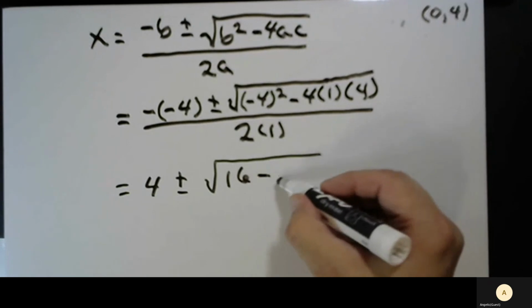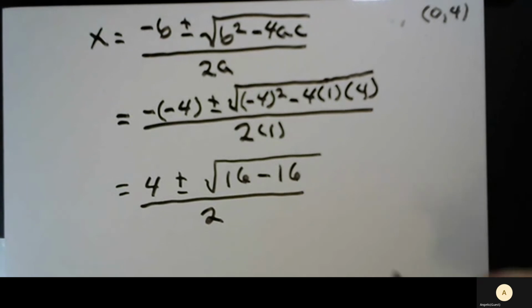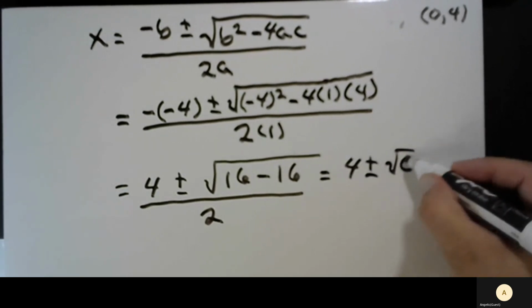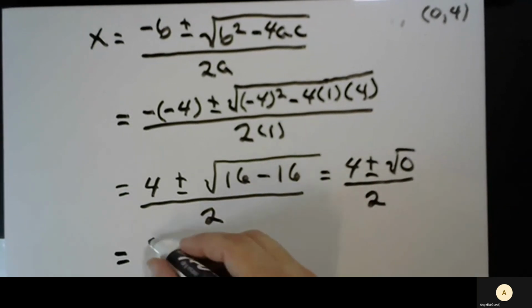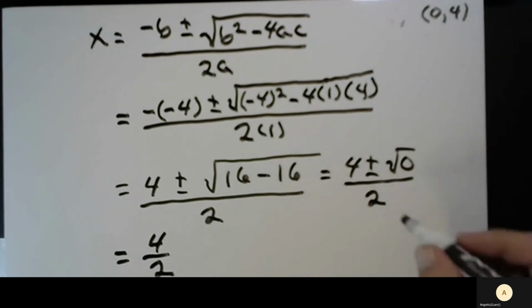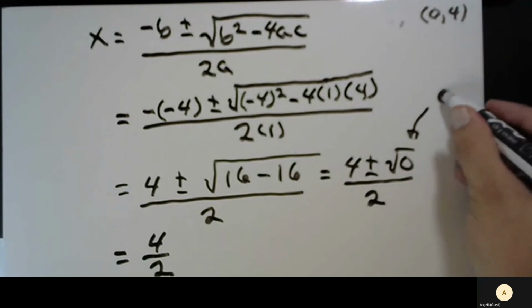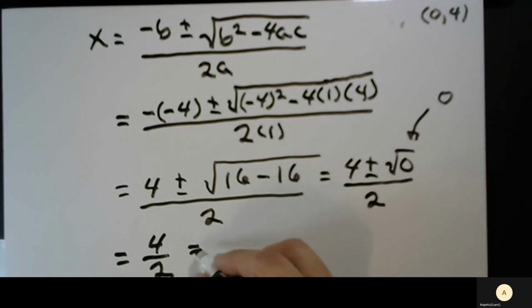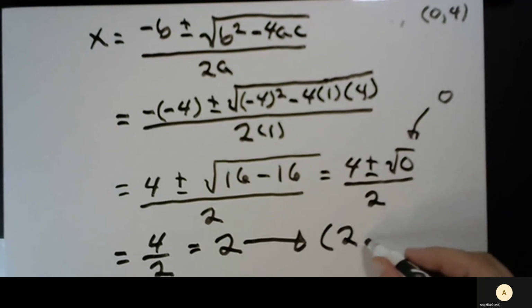So we're going to get something interesting on the inside. We get 16 minus 16 over 2, 4 plus or minus the square root of 0 over 2. So what this becomes is just 4 over 2, because the square root of 0 is 0, and whether you add 0 or subtract 0, nothing changes. So we get x is equal to 2. Letting y equal 0, we get an x of 2.